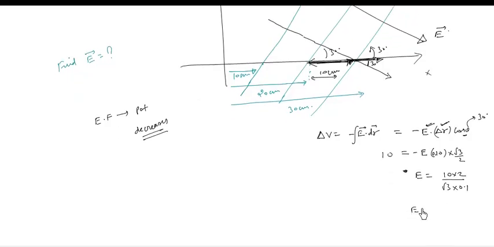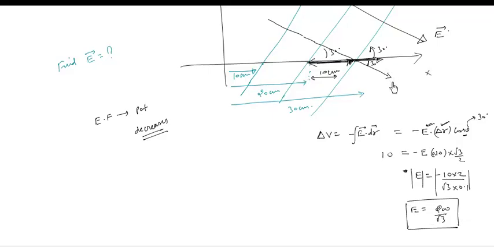The minus sign is simply telling the direction, so 200 by root 3. So this is the value of electric field. I'm taking mod of electric field so that you do not get confused with this minus sign. So electric field is 200 by root 3 in value.